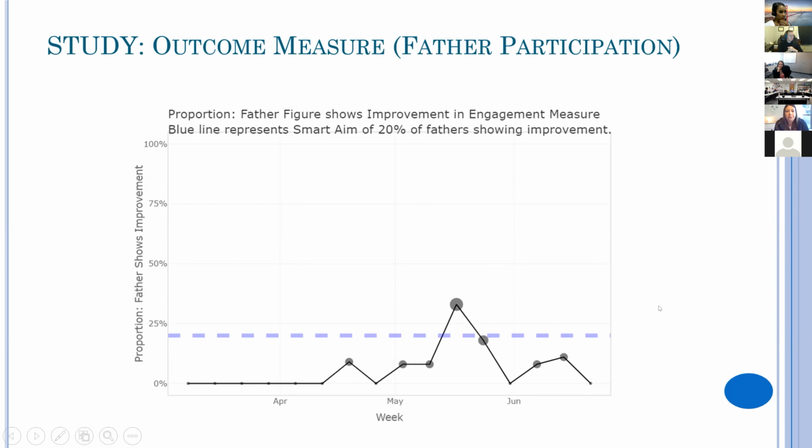Nice. Andrew, so the purple line is the target. We were hoping for 20%. Yeah, hoping for 20% of fathers, in this case 20% in a week, would show an improvement, show a father engagement measure that is greater than their first father engagement measure. Okay. And any idea where the average actually fell? Not off the top of my head.